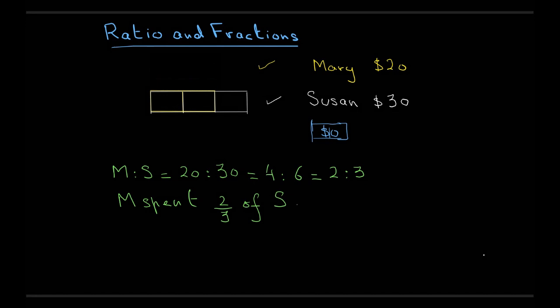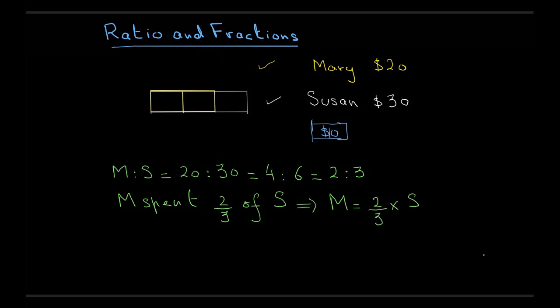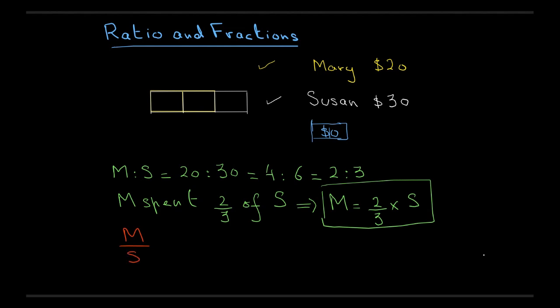Which really means that M is 2/3 multiplied by S. I can divide both sides of this equation by S, and what I'll get is that Mary over Susan is equal to 2 over 3, right?